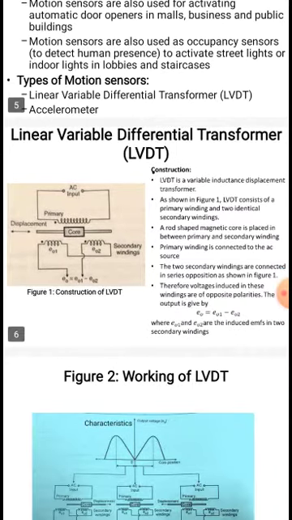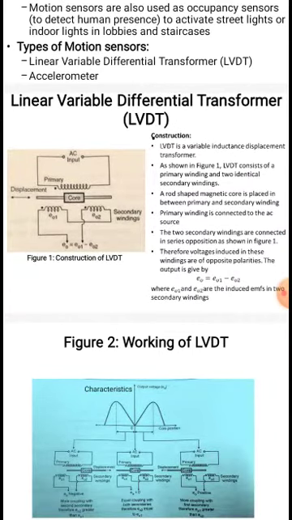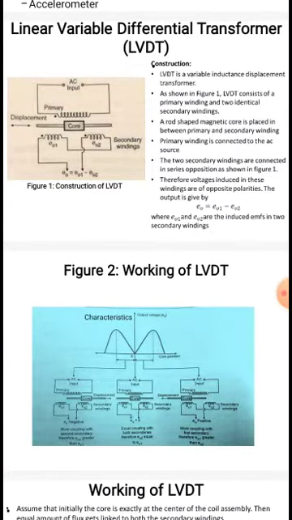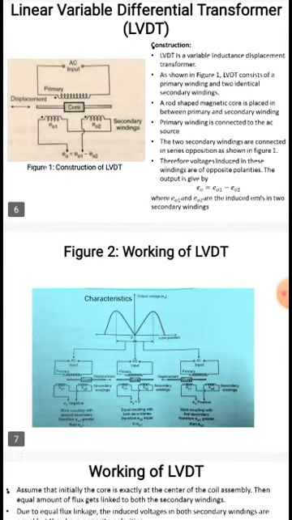The first type is the LVDT. Figure 1 shows the construction of the LVDT. The actual input is external displacement, which is sensed by the LVDT. There is a primary winding and two secondary windings. An AC input is applied to the primary winding and the output is collected from the two secondary windings.